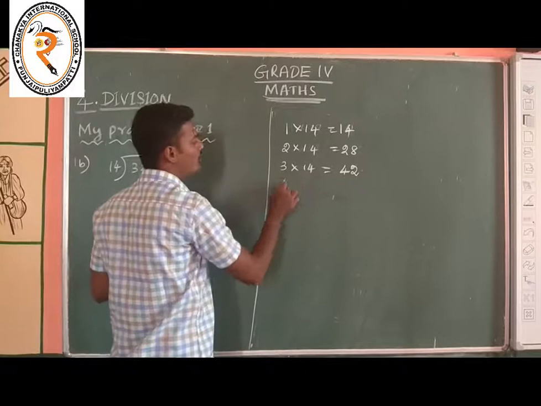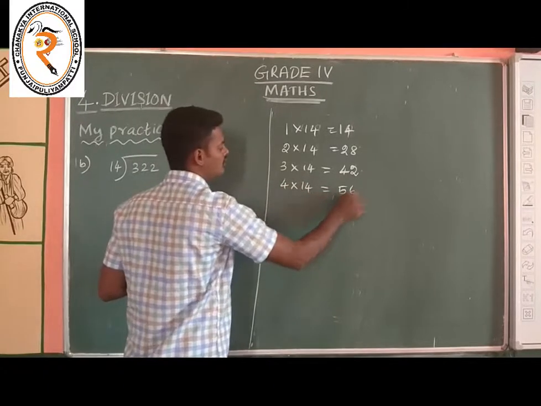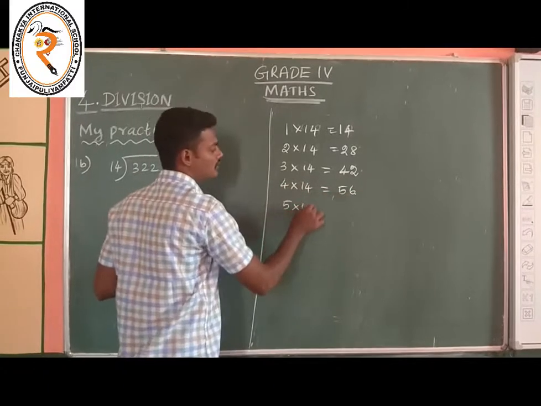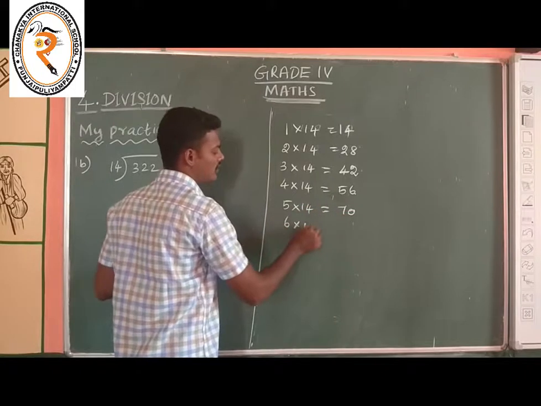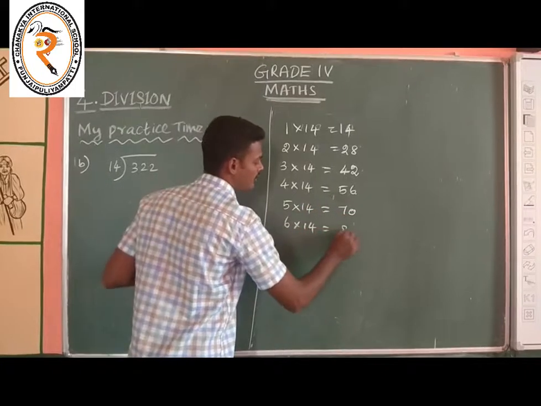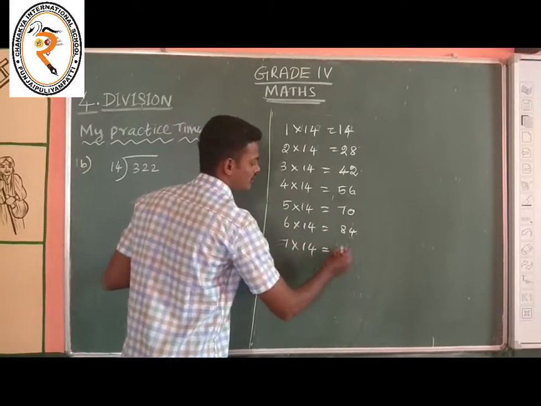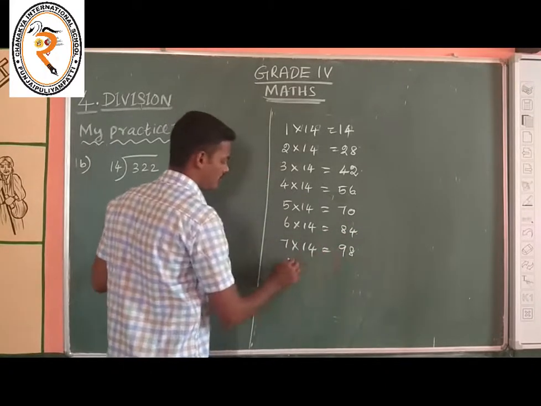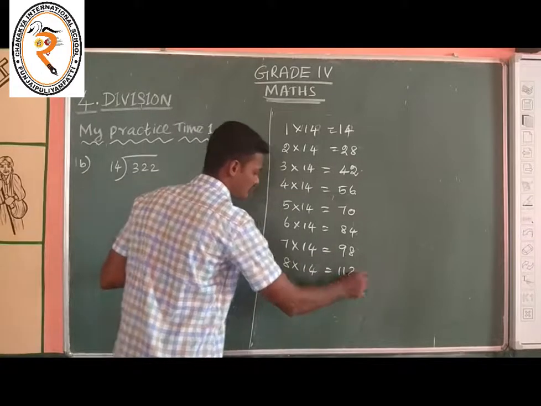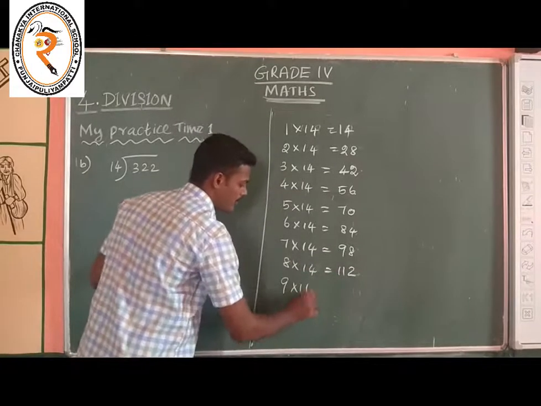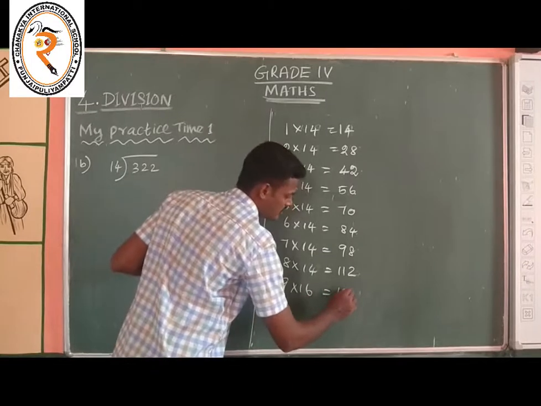42. 4 14s are 56. 5 14s are 70. 6 14s are 84. 7 14s are 98. 8 14s are 112. 9 14s are 126.